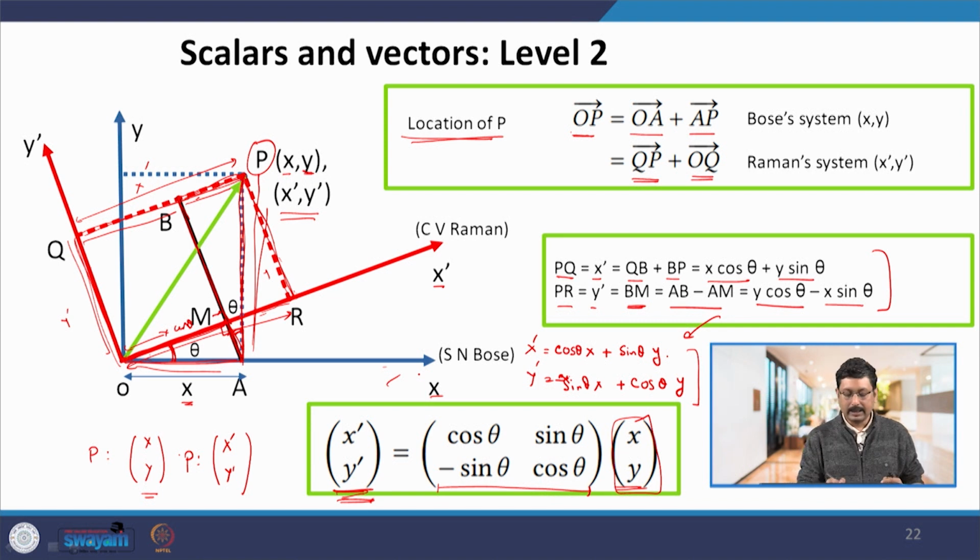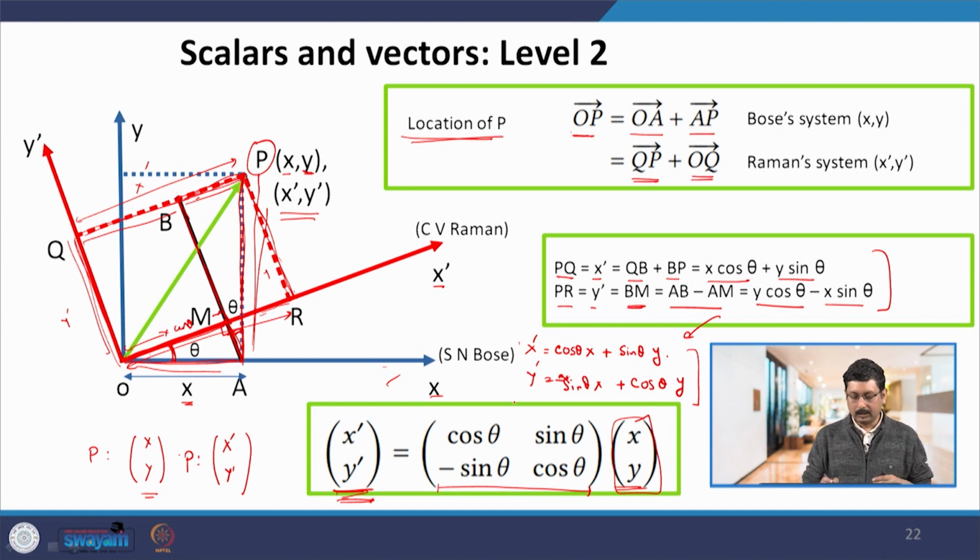In other words, suppose I know the coordinates of the point P in the blue system, and I want to know what will be the coordinate of the same point P from the same origin O if we choose a different set of coordinate system, that is the red coordinate system, then this is the formula, this is the relation that gives me the new coordinates.